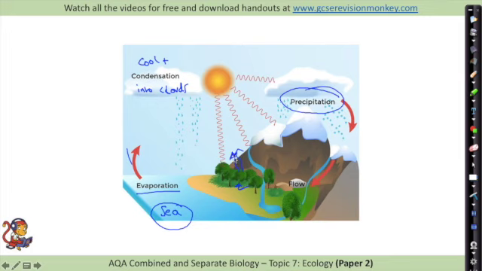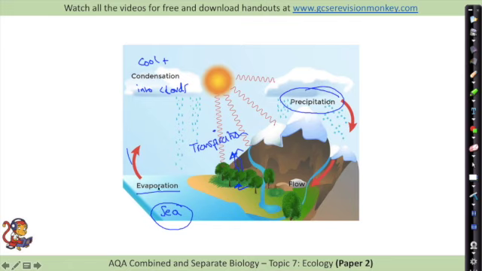So this comes up in paper 1 as well, this process whereby plants take up water and evaporate it from their leaves, and this is called transpiration. So in this process here, through evaporation, condensation, precipitation, flow back into the rivers, and transpiration, that is how the water is cycled on our planet.